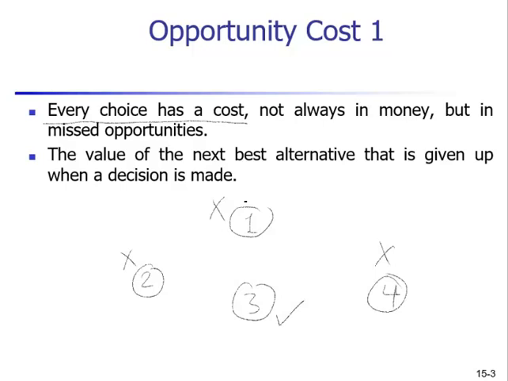It makes it simple for you, and that's the beauty of this concept. It says that just go and check the next best opportunity, the next best choice you have.